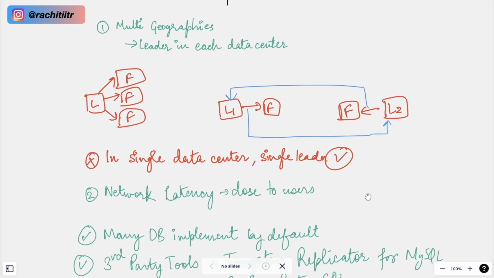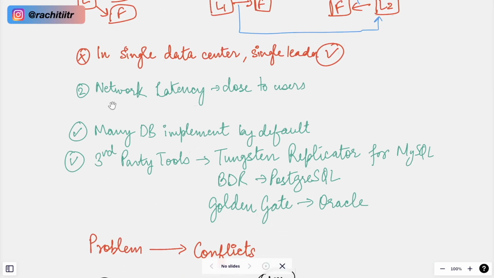So what is the benefit of multi-leader replication? As I've said, the network latency is very huge if you are having cross data center communication. So in multi-leader configurations, every user can have their writes redirected to the leader of their data center. Network latency is something multi-leader enjoys, but single leader suffers from.